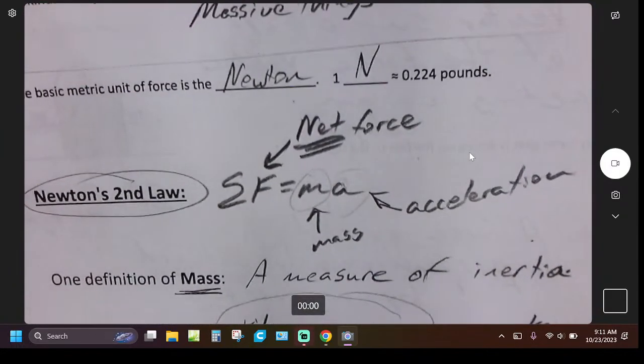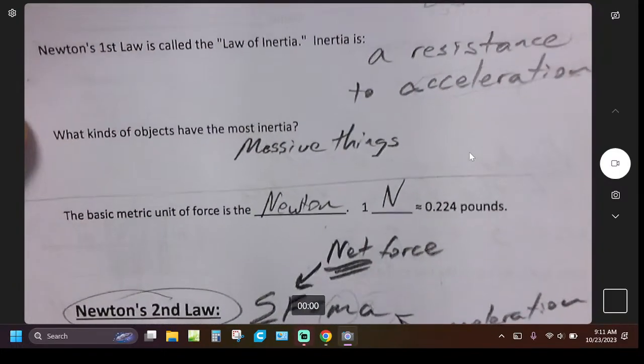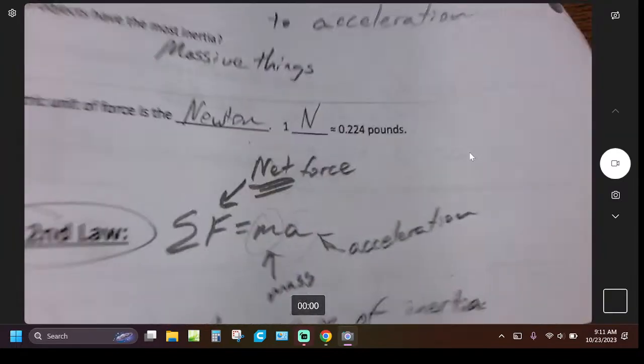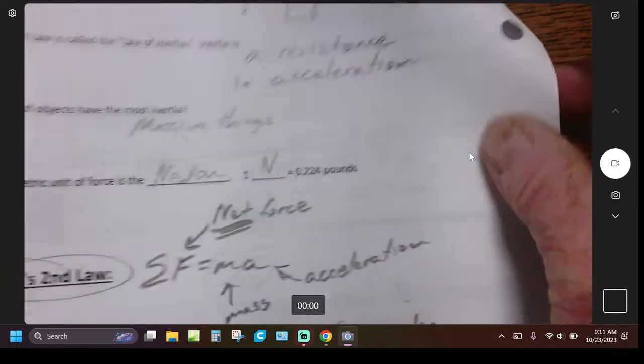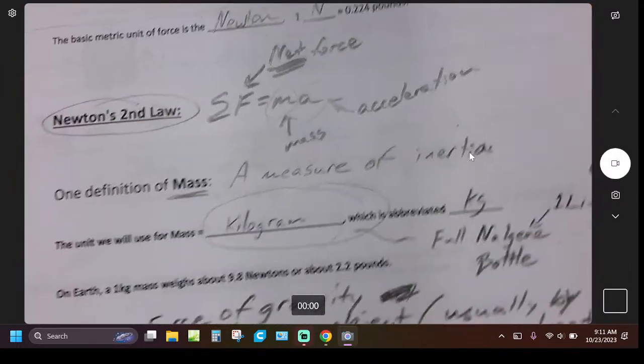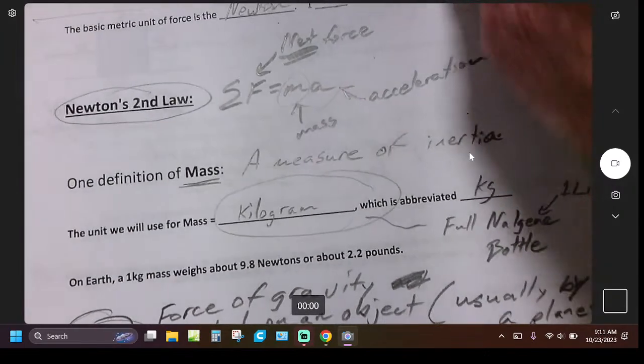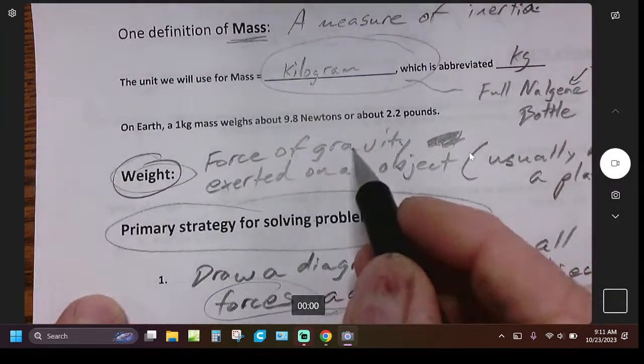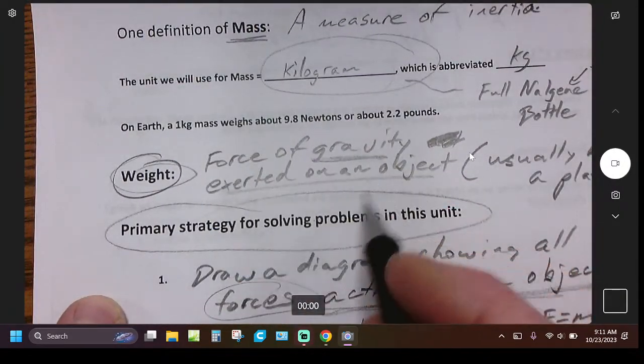But before we do this, let's go back to the thing I skipped. Over the years, it just got lost, so we're going to have to write this over on the side. Weight is the force of gravity exerted on an object.